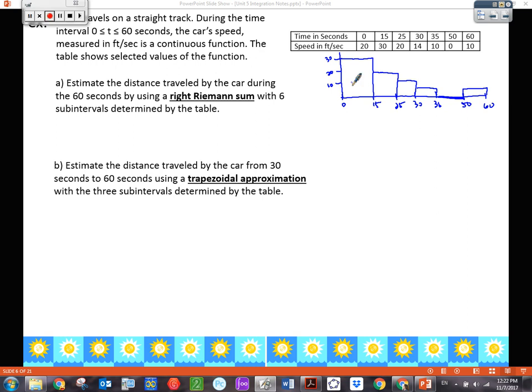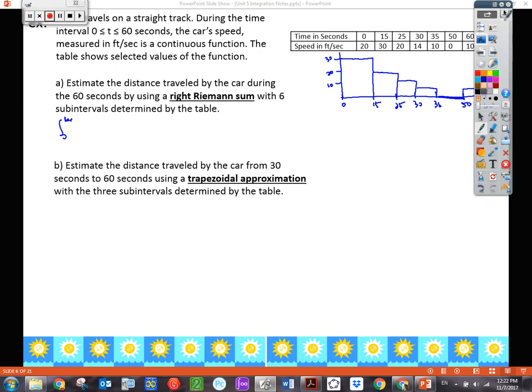Okay, and we're never going to write numbers in them, right? We're not going to do that. Avoid, avoid. We're going to write it out like we're supposed to. This is the integral from 0 to 60 of, do we have a name for this? Does it give us a name? Doesn't, does it? So we get to pick our own name.